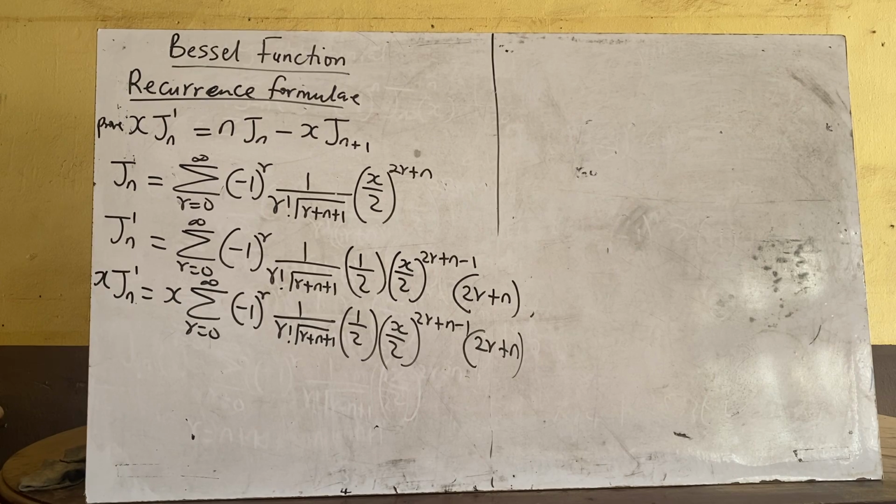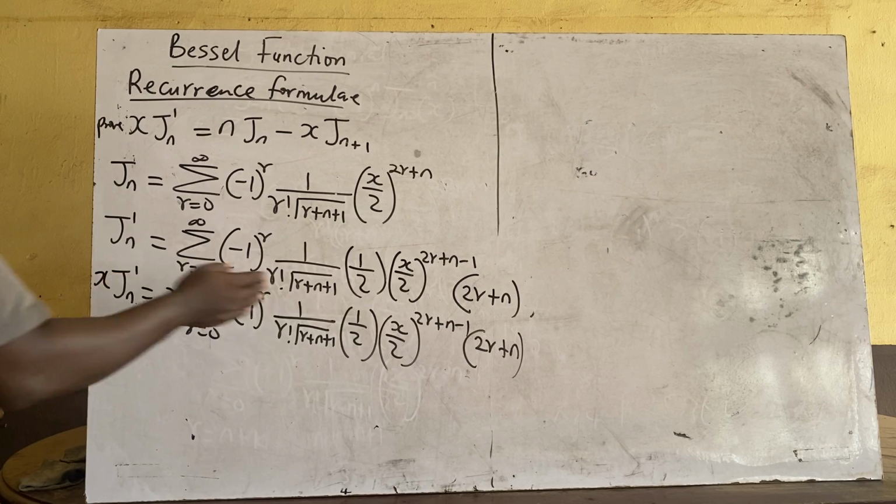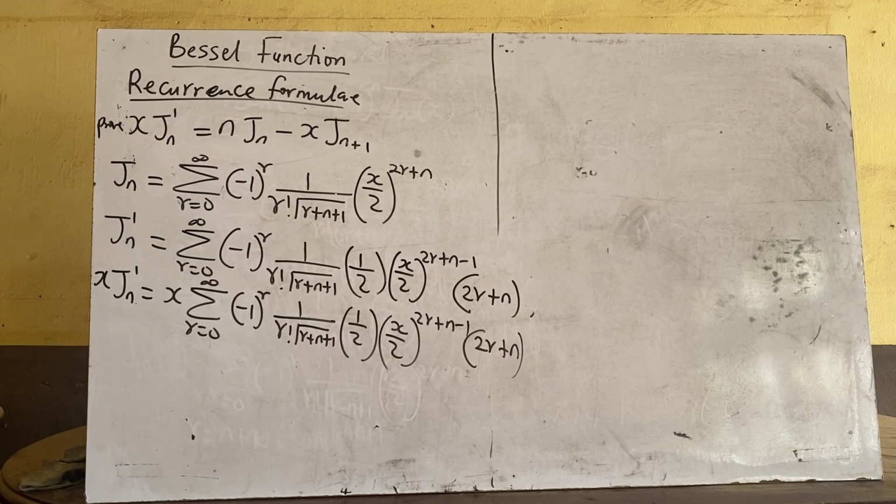Okay? So, having this now, let us separate. If we separate the 2r and the n, that is what we want, so that the 2r can stay alone and the n can stay alone.